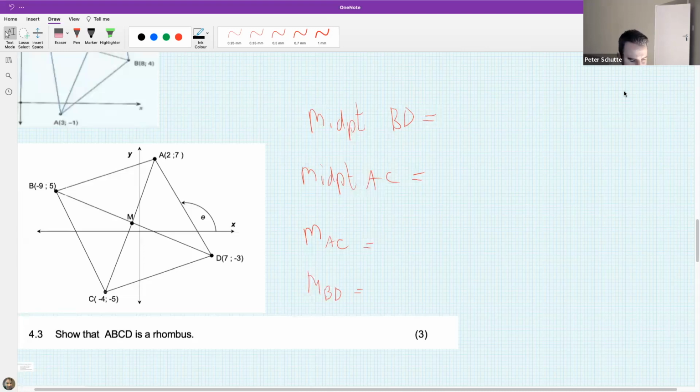So there's the two parts to proving something's a rhombus. There are other ways of doing it, but the quickest way that I can think of is to find the midpoints and then find the gradient of the diagonals and see what you find.